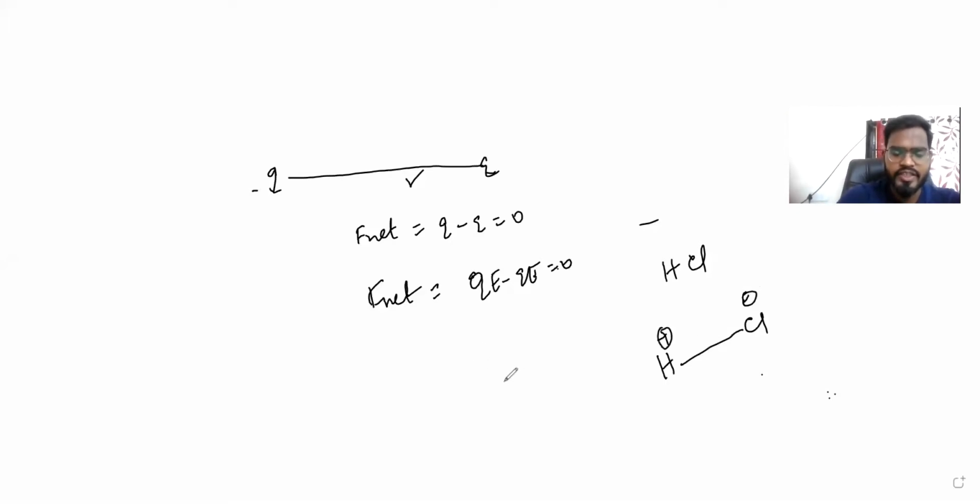Another example, if you take H2O, so O, H, H. We can say H plus, O 2 minus. This minus this, so this is a dipole, this is also a dipole, this is also a dipole.